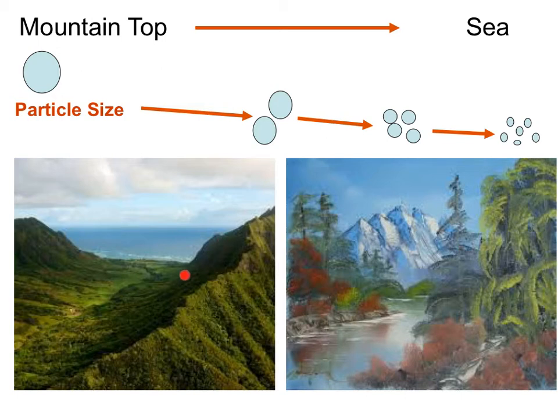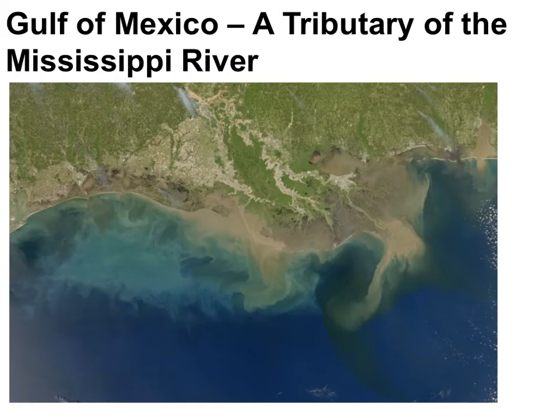Soil is thin on the steep slopes, but deep and rich in the valley bottoms. This is a photograph of the Mississippi River as it empties into the Gulf of Mexico. The river carries fine particles, small particles, downstream and deposits them into the Gulf.